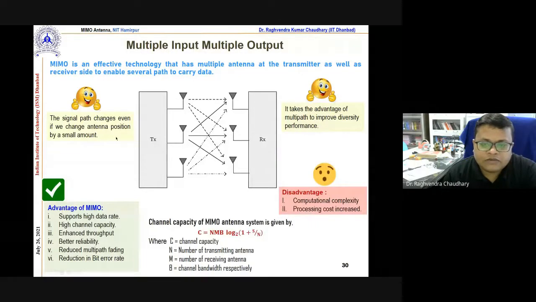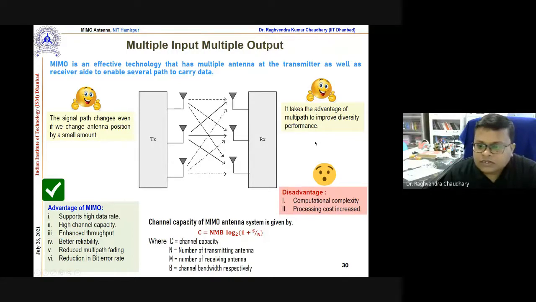We have a number of antennas, here 3 plus 3: 3 antennas at the transmitter side and 3 at the receiver side. Changes occur even if we change the antenna position, and this particular thing is handled very well by the MIMO system. The second is that it improves diversity performance.